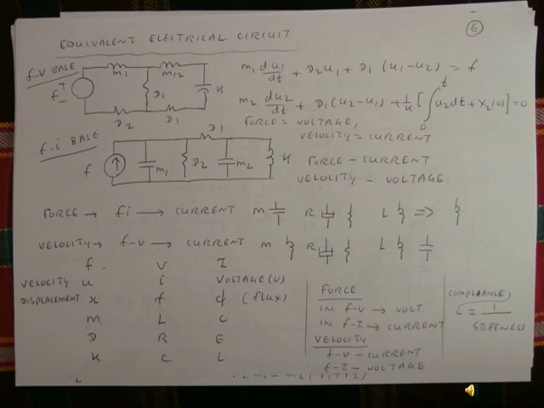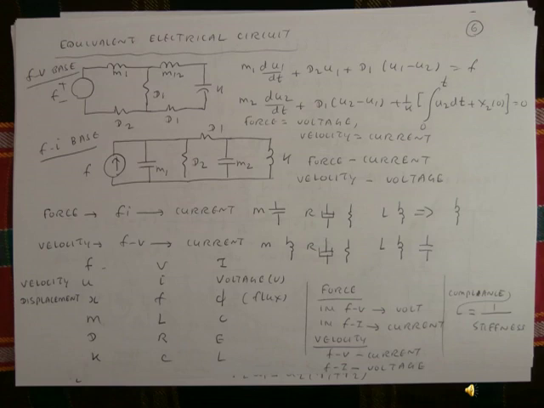For the force-current system, M is equal to the capacitor, D is equal to the resistor, and K is equal to the coil. In the force-voltage system, M corresponds to the coil, D is the resistor, and K is a capacitor. So we see the chart. The velocity or displacement corresponds to the voltage and the flux.